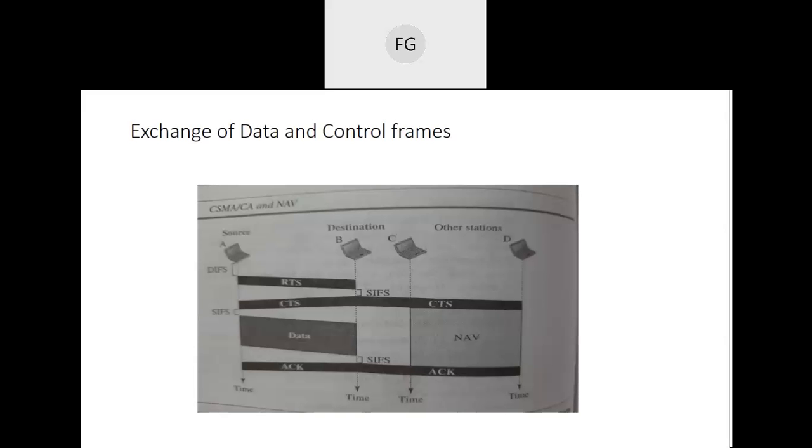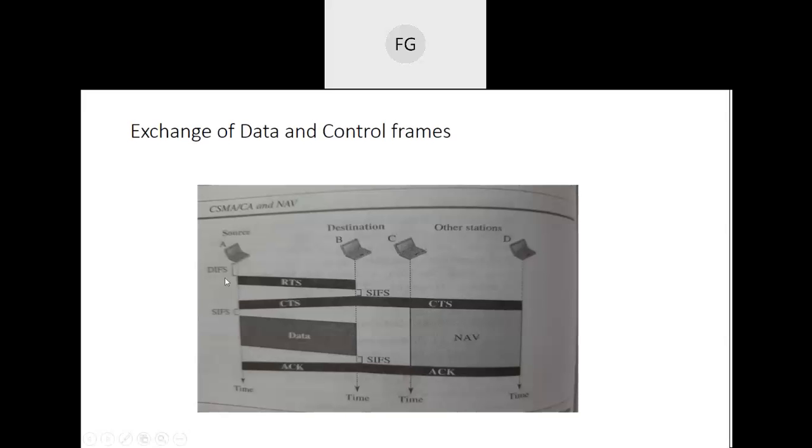And the channel uses a persistence strategy with backoff until the channel is idle. After the station is found to be idle, the station waits for a period of time called distributed interframe space, that is DIFS here.